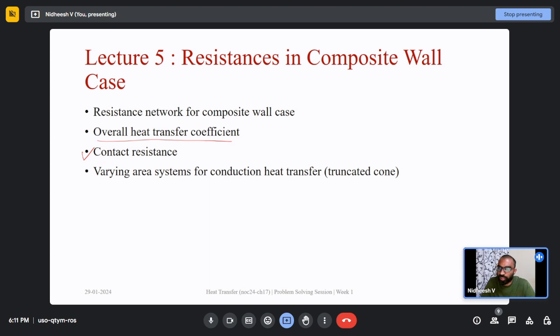Then towards the end of lecture 5, till now we were looking at constant area of cross-section conduction heat transfer. Towards the end, we also looked at a varying area cross-section system for conduction heat transfer, taking the example of a truncated cone.